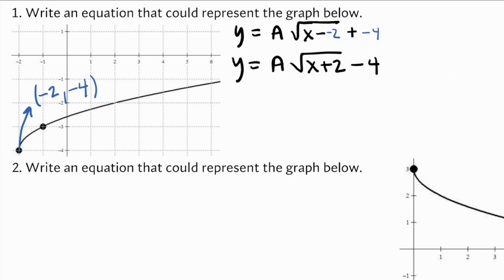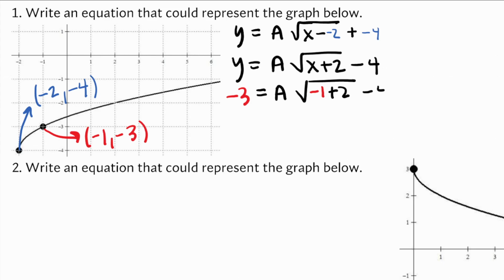And then we'll solve for that number using some other point that's given to us on the graph. And in this case, that's going to be -1, -3. Okay, so I'm going to use x equals -1 and y equals -3. So -3 is going to equal a times the square root of -1 plus 2 minus 4.